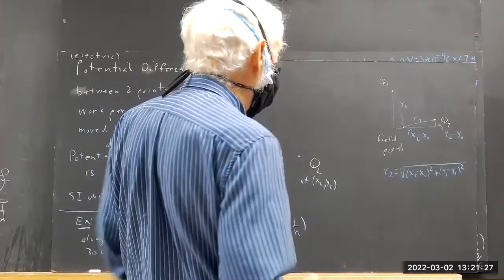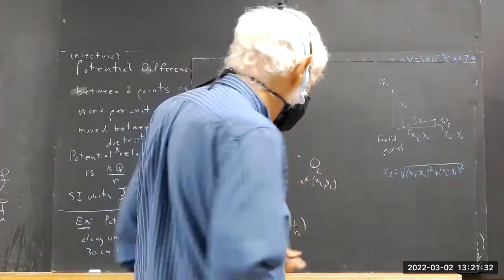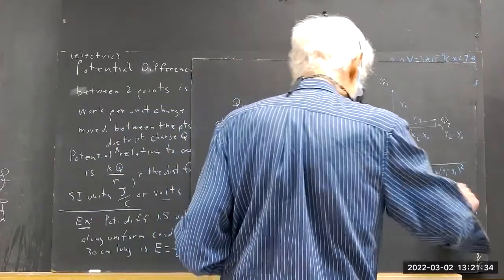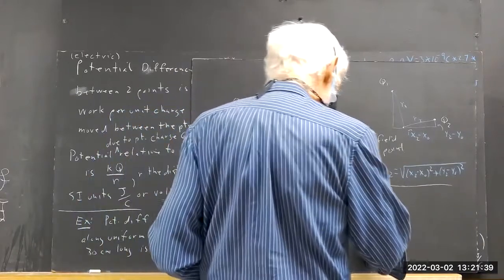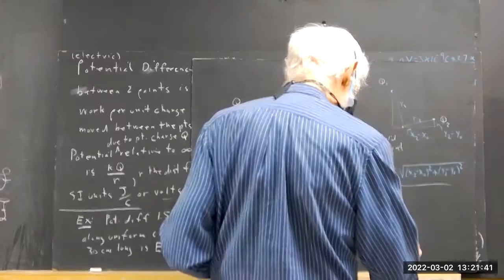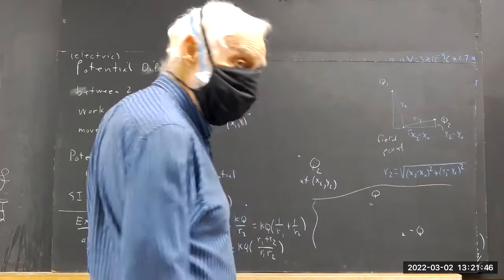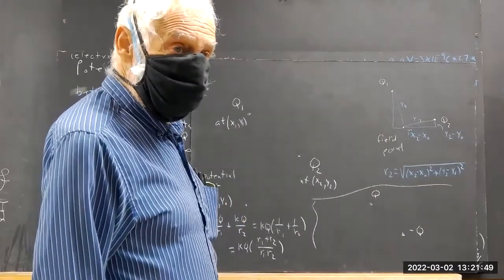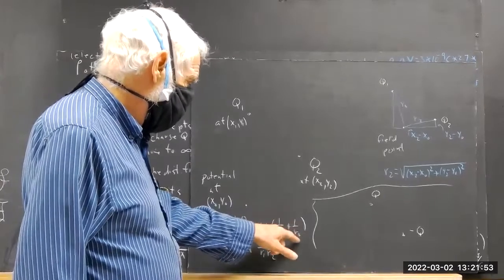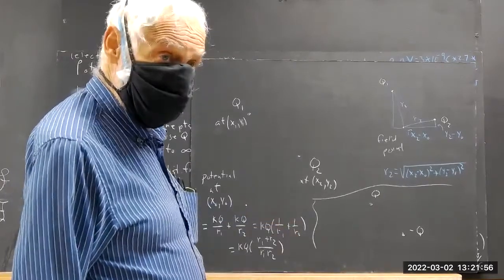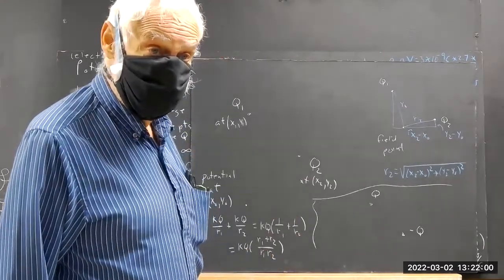So if these charges are equal and opposite, with the picture, because now we know how to do the calculation, so we got Q and negative Q, so that our KQ times 1 over R1 plus 1 over R2 equals 0 when 1 over R1 plus 1 over R2 is 0. Okay.